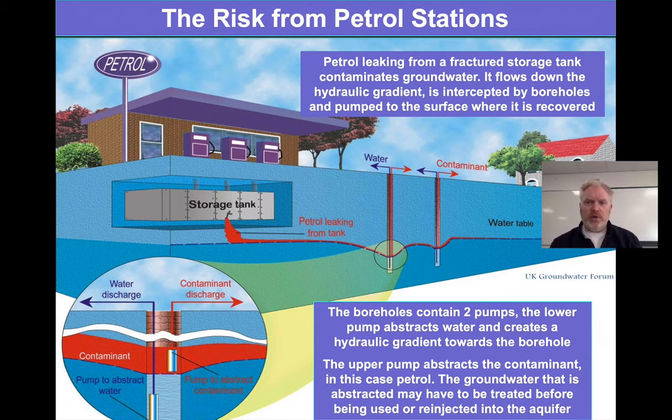This shows as well one of the potential solutions, where you're pumping the aquifer underneath that's been contaminated, to remove water, to create a hydraulic gradient so the water will flow towards these boreholes, and then to pump the contaminant out. This is all expensive stuff, though.